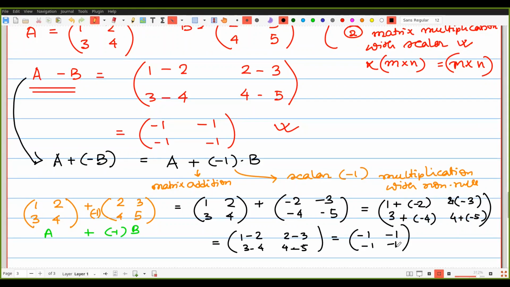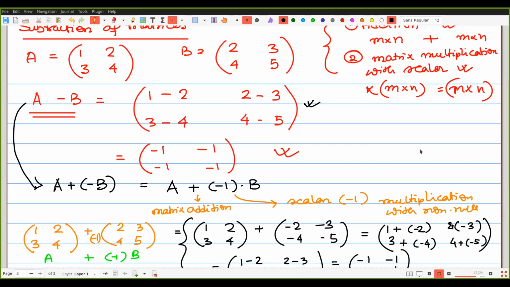The result is the same. So you may ask whether, when we proceed with subtraction of matrices, we have to show these types of steps. No, there would be no problem if we do the direct step. But remember, each and every time, matrix subtraction is not a single operation. It is practically a combination of matrix addition with matrix multiplication with a scalar.